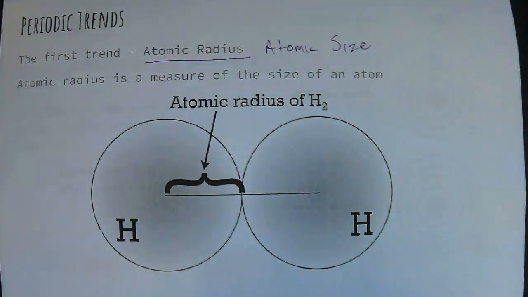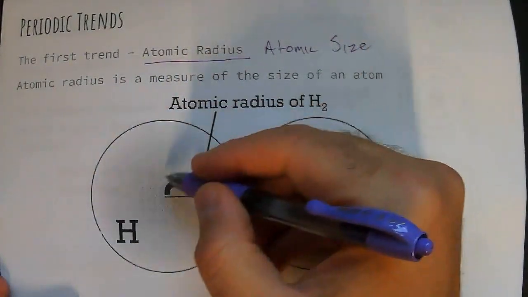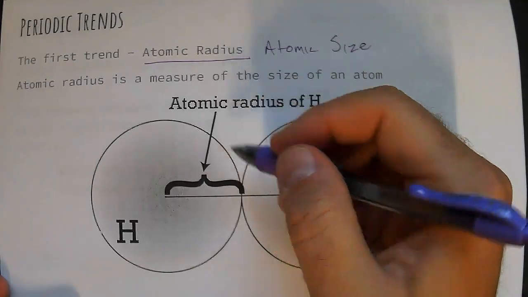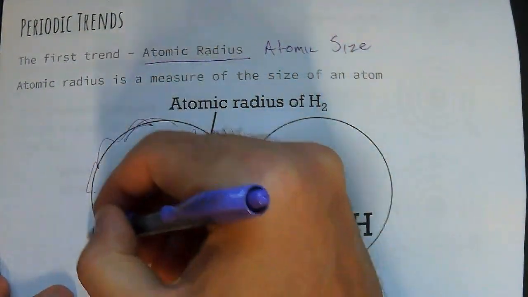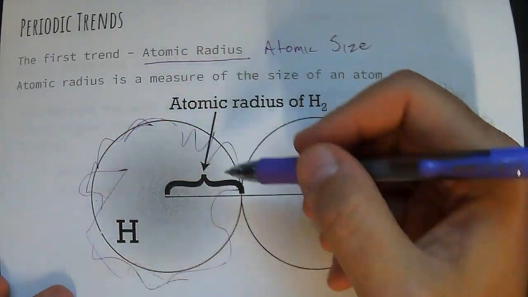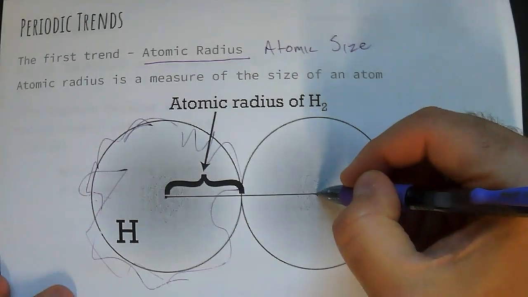We can't really measure the length of just one atom, the radius of an atom. Remember, the cloud of electrons makes this not a good sphere to do anything with. But what we can measure is what we call bond length.